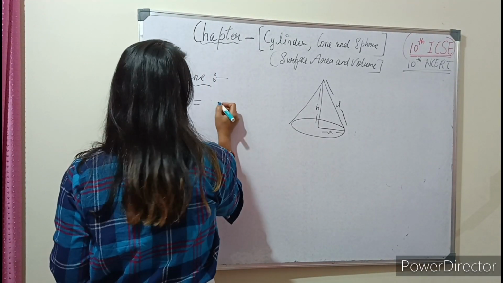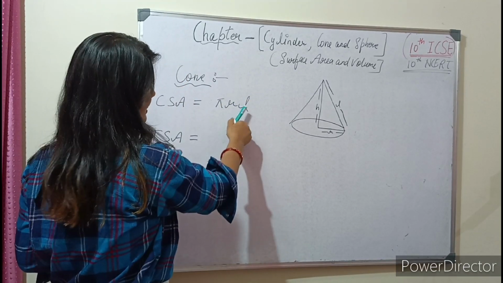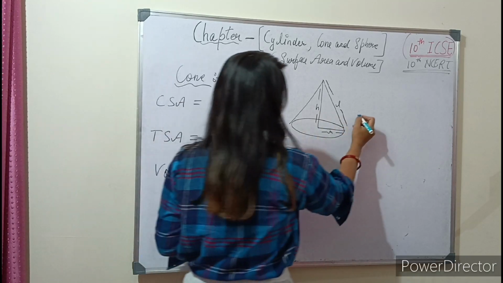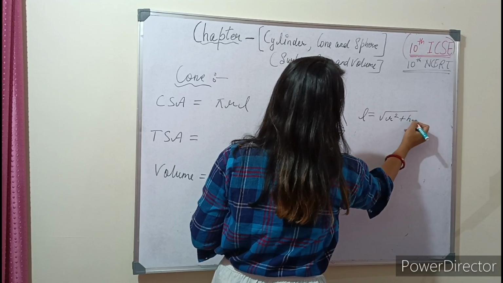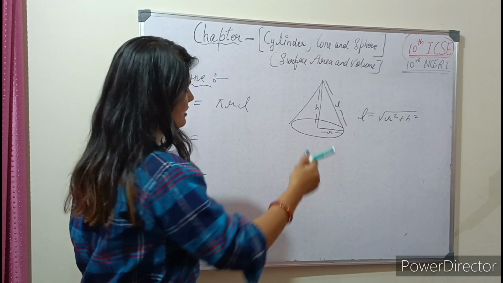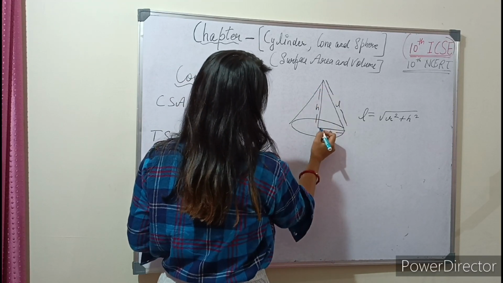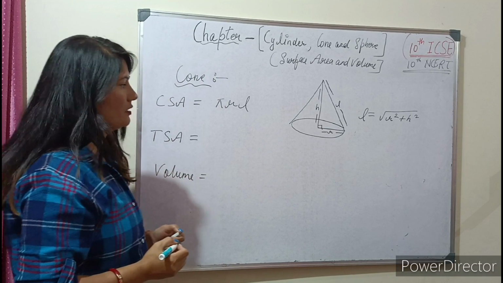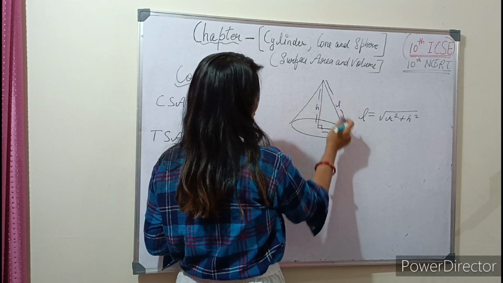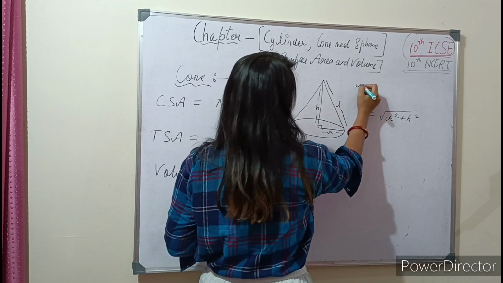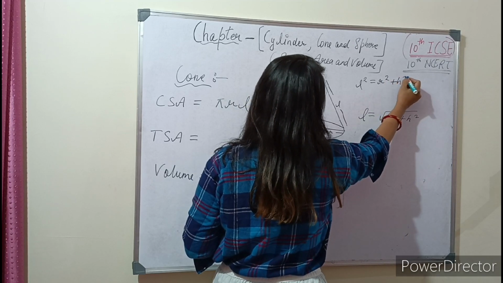So how to find the CSA of the cone? CSA of a cone is always πrL. Now what is this L? L is always the square root of r² plus x². Because in this cone you will see clearly that this is the height of the cone and this height is making an angle of 90 degrees. So by applying the Pythagoras property, L² equals r² plus x².